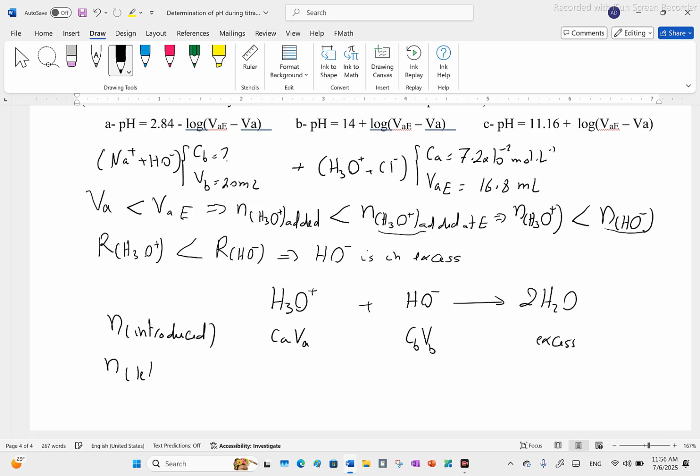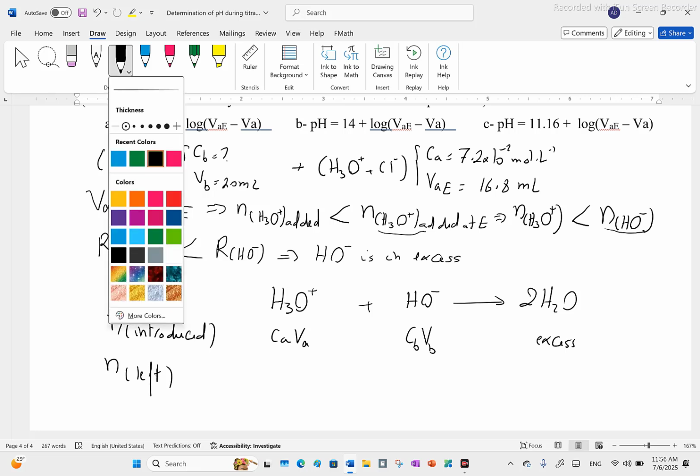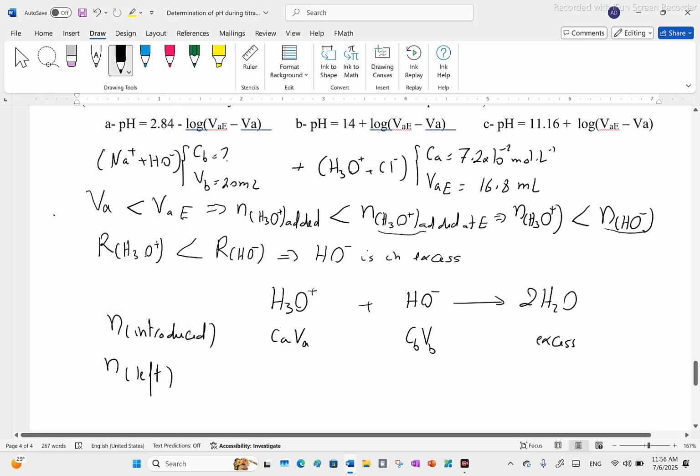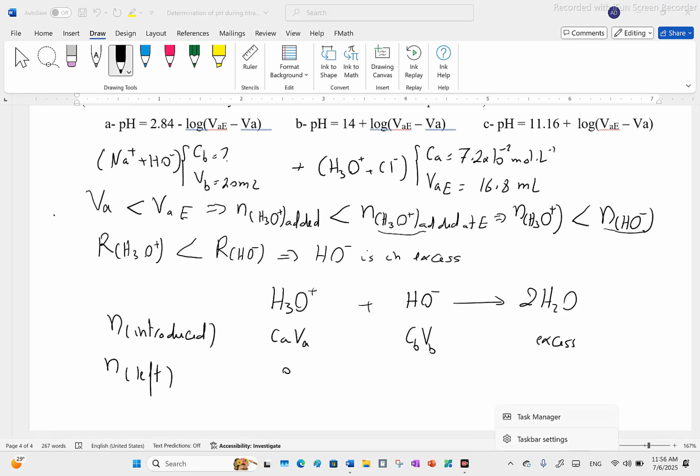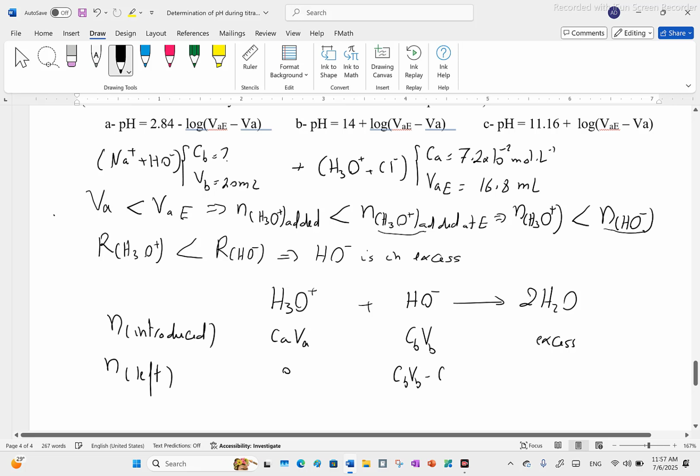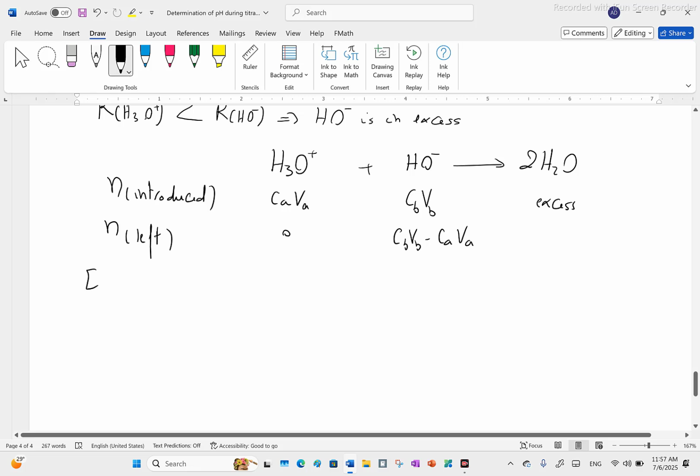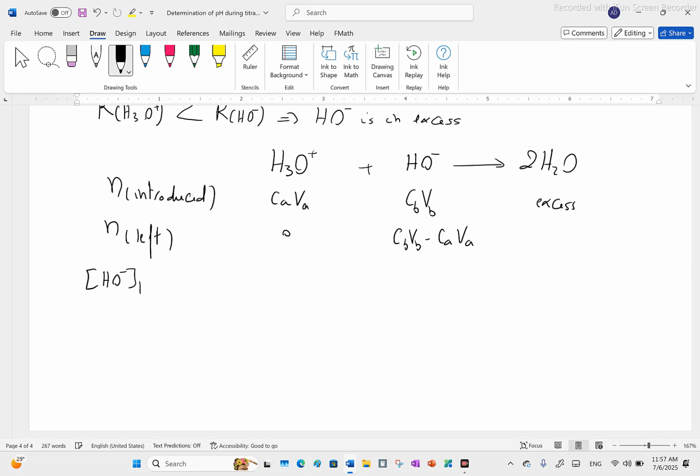And left: H3O+ is the limiting reactant, then it remains 0. HO−, the excess, remains CBVB minus CAVA. Now, the concentration of HO− left equals number of moles of HO− left over V total, equals CBVB minus CAVA over V total.